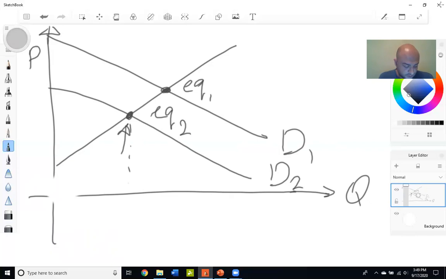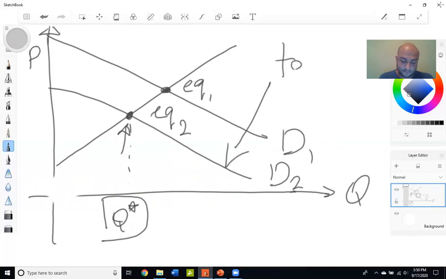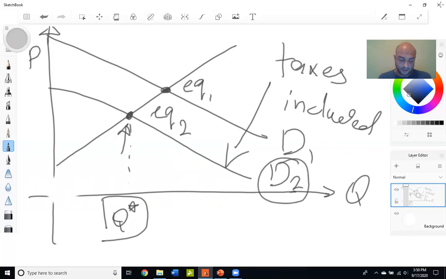How many pizzas are being bought and sold is decided here at this point, because now it's the new reality. People now are paying taxes. So now you have to put this curve equal to this curve to be able to find a new reality of the market.